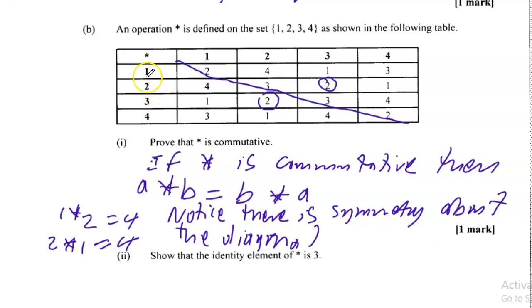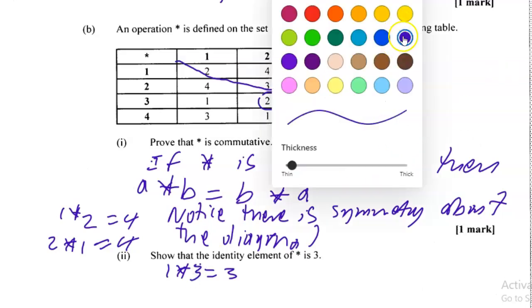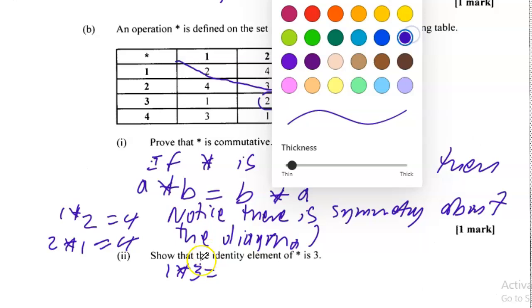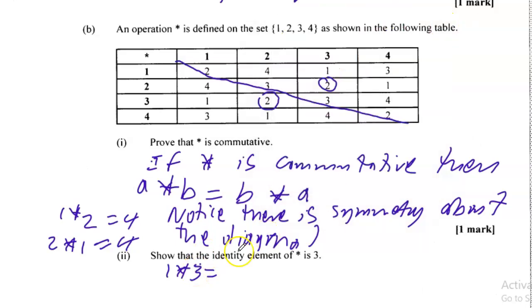So notice in this table here 1 asterisk 3, you get back 1, right? And it's the same case for all elements in this set.